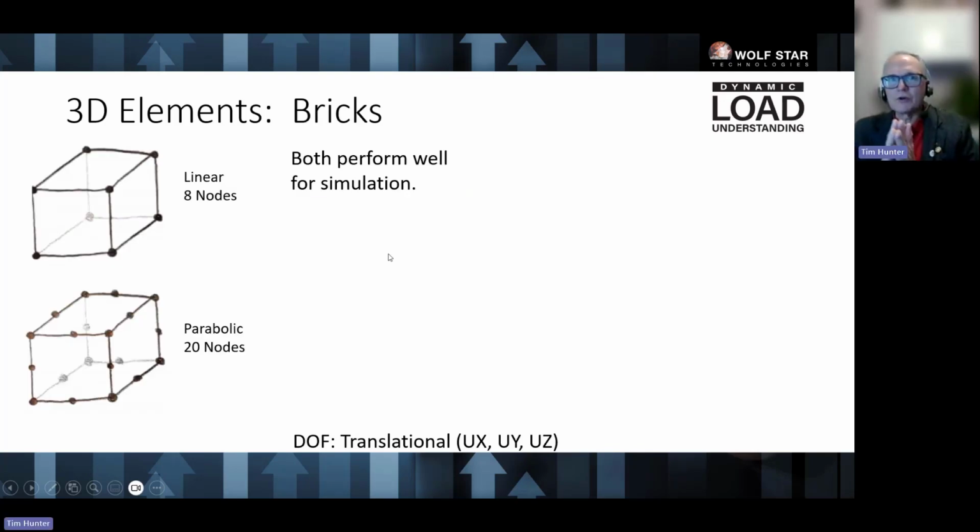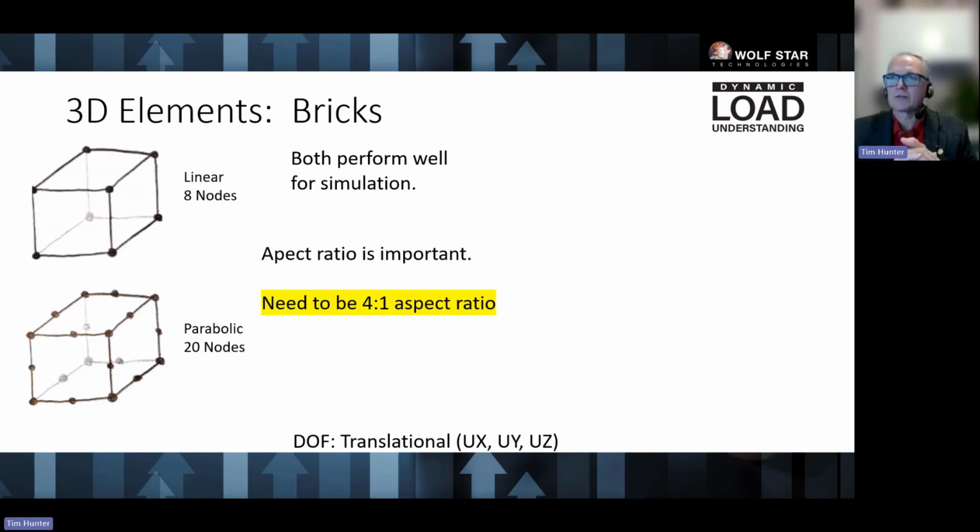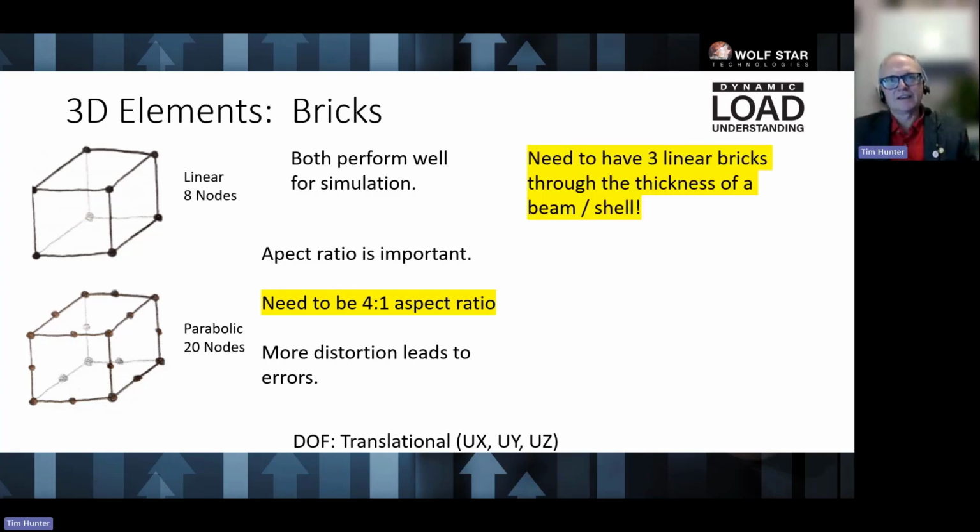Brick elements perform well, both linear and parabolic. Aspect ratio is important, so you need to make sure you have a 4:1 aspect ratio, like for shells. But the more distortion you have, the more error you get in bricks. And if you're modeling a plate or a bar, you need to have 3 layers of bricks through it to get the proper representation of bending.